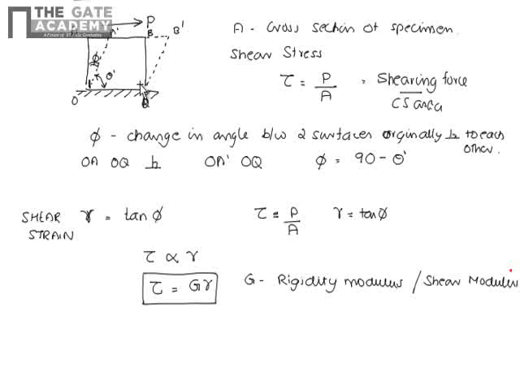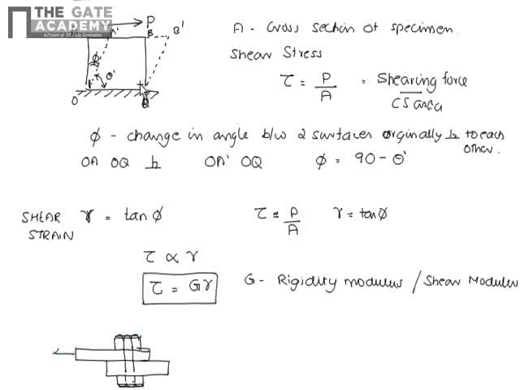I have seen that many of the students have difficulty in understanding what shear stress is. So in order to explain in an easier manner, we can take two plates like this, which are fixed by means of a bolt and nut arrangement.